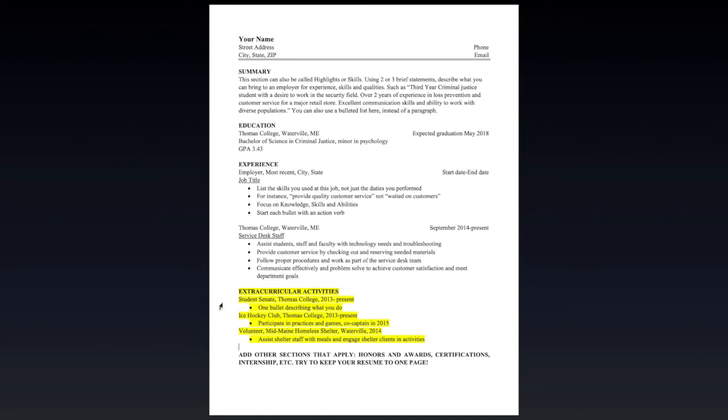The way you organize this, again, from the most recent to least recent, you can put in what it was, where it was, when you did it. Then one bullet describing what you do. If you did something or participated in some way that, again, is relevant to the job, definitely put a bullet in. But see the section where it says ice hockey club and then it says participate in practices and games?